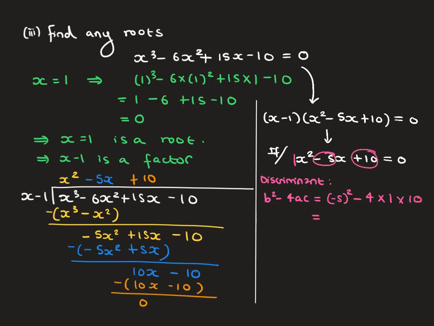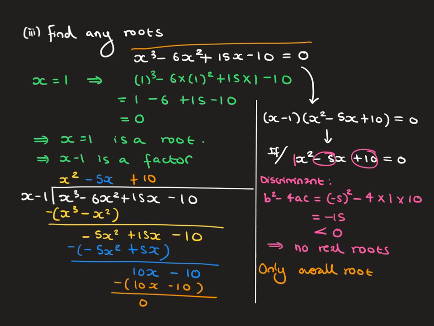So this then gives me a value of negative 15. So my discriminant is less than 0, which implies that the quadratic factor has no real roots. So the only overall root for the original equation up here is at x equals 1.